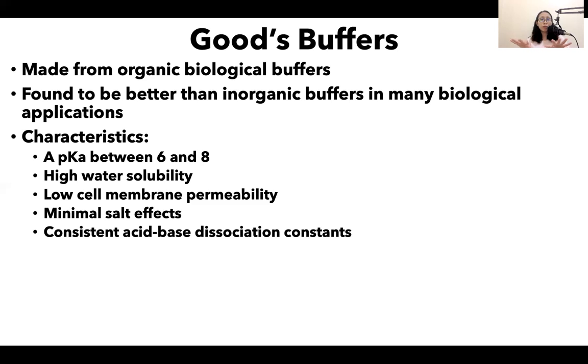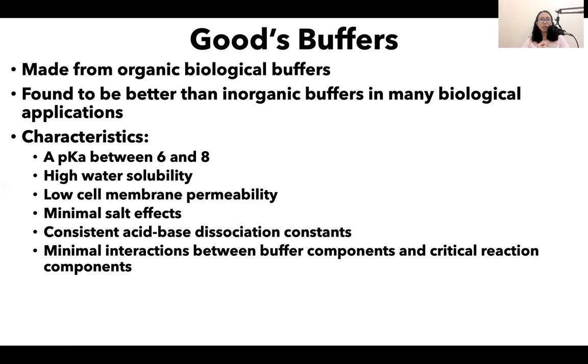But with Good's buffers, their Ka values change very, very slightly with a change in temperature or a change in their concentration in solution. So we want that, right? Because our computations are more accurate.